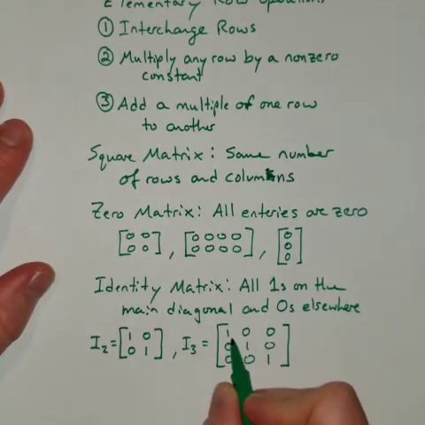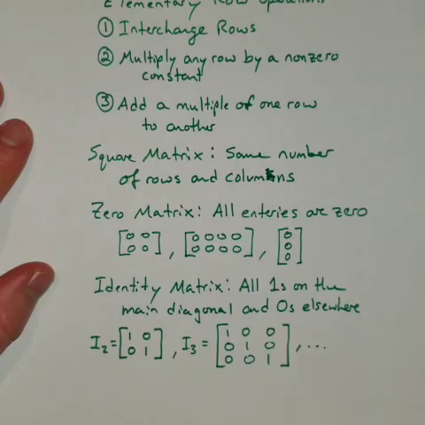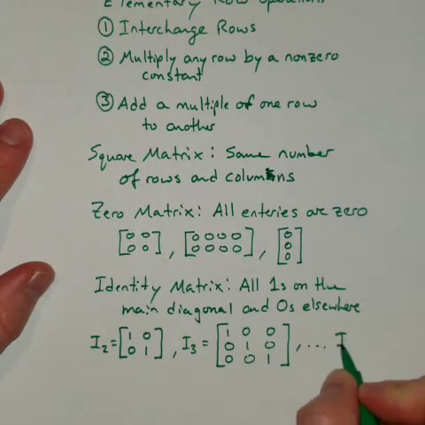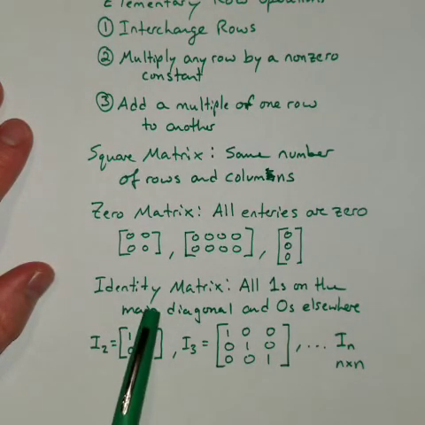And you can see the main diagonal here is all ones, and there's zeros elsewhere, and so forth. So we call these I sub n, where n is the size of the matrix. It's an n by n matrix. So 2 by 2, 3 by 3, and so forth.